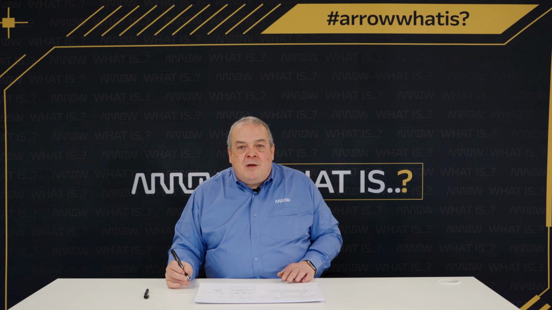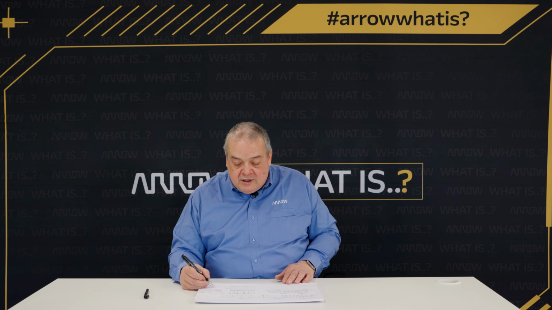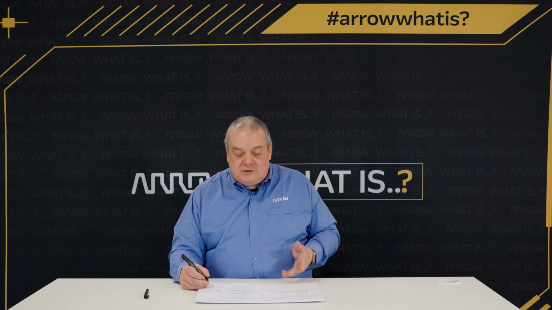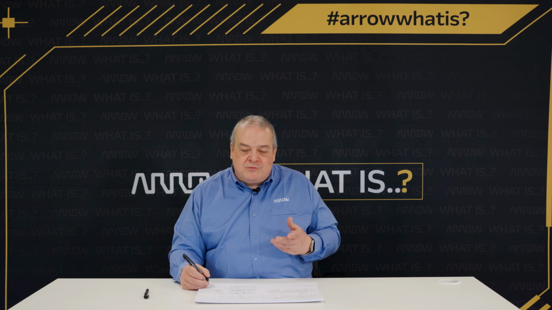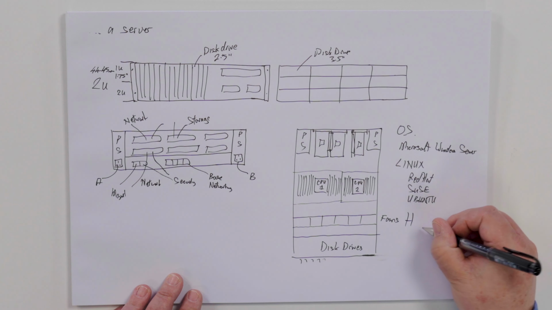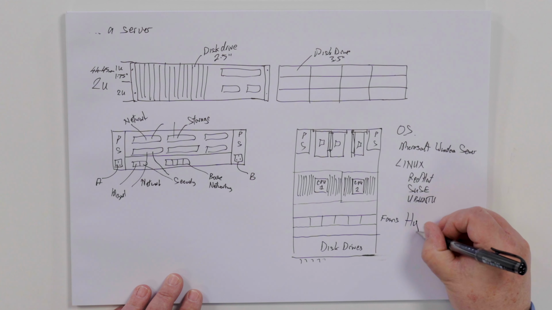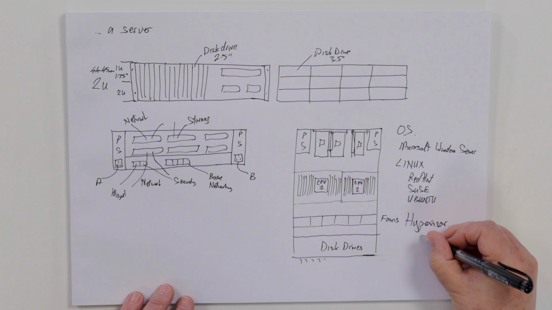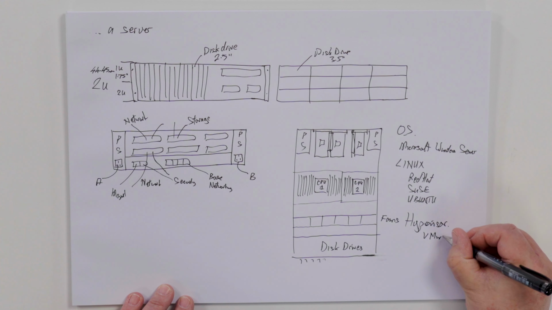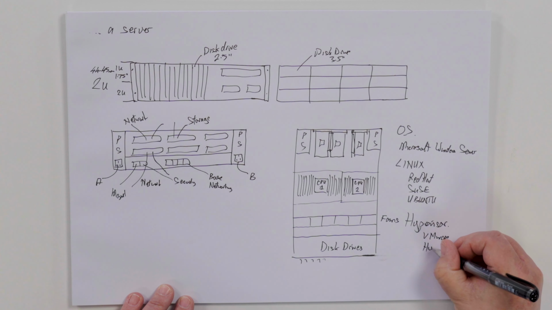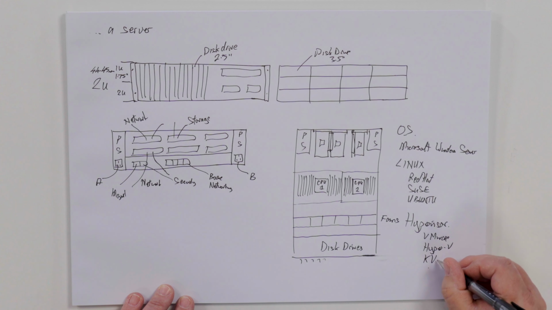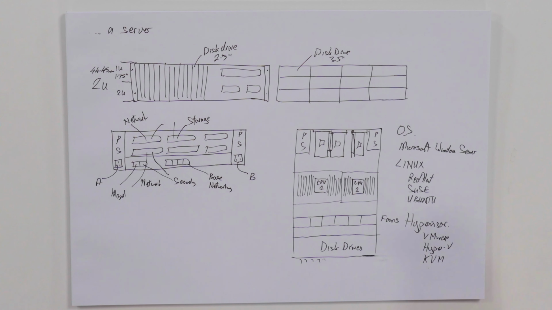And then there's also hypervisors that can sit on top of the server as well, which can enable the server to deliver multiple applications in multiple virtual machines. And again, we'll talk about hypervisors in a separate video. But hypervisors, things like VMware, there's Microsoft Hyper-V, there's KVM, there's a multitude of different hypervisors.